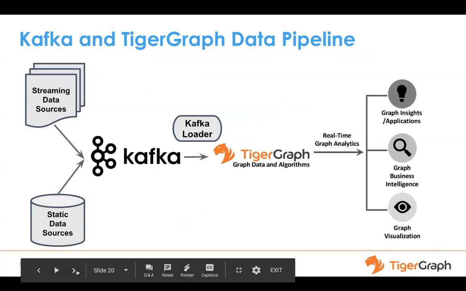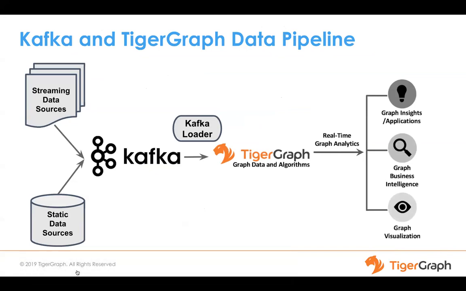Here's a brief diagram outlining the Kafka and TigerGraph data pipeline. From the left-hand side, if you have the streaming data sources or static data sources, like other relational databases or NoSQL databases, you can put through the Kafka connectors.